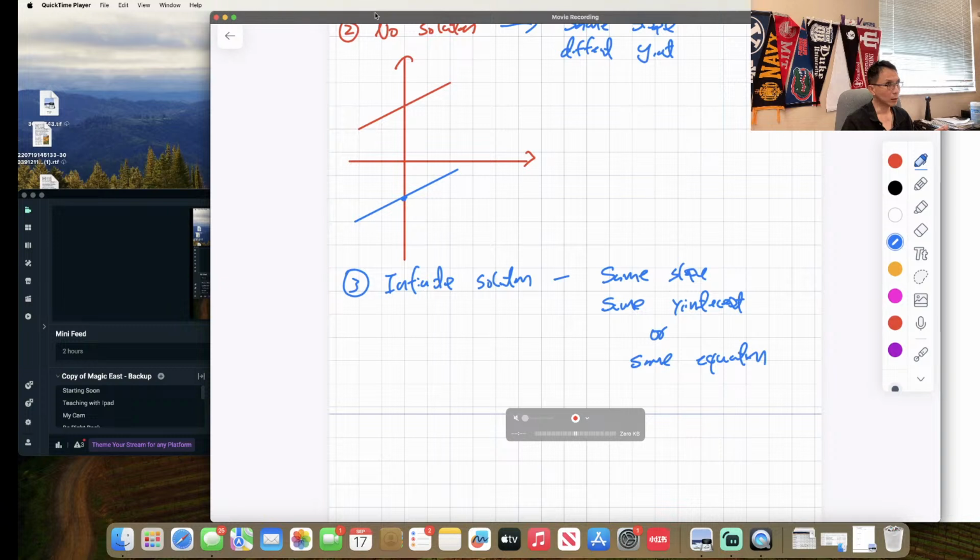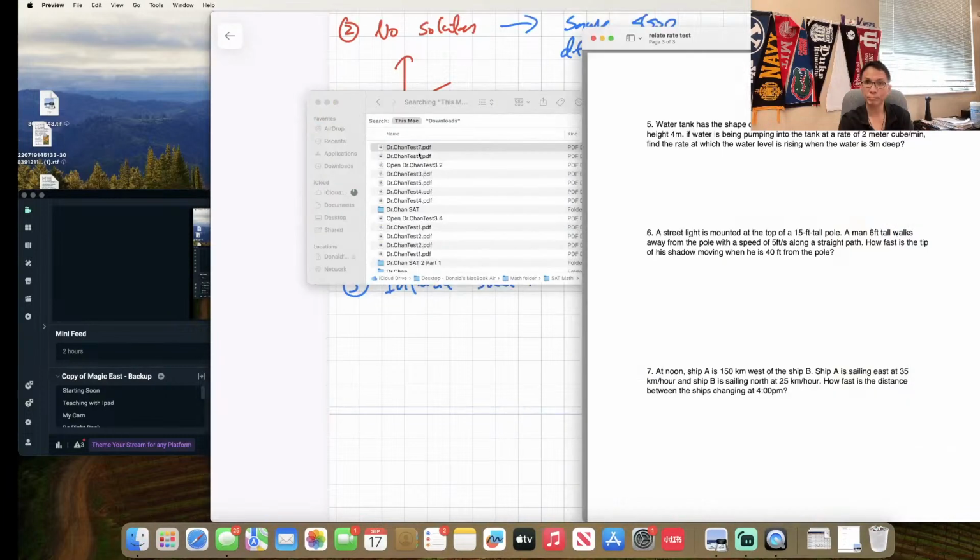In terms of SAT, like I said, this is not on the AP. This situation, infinite solution, same slope, same y-intercept, same equation. If you have those two things have to happen, or same equation.